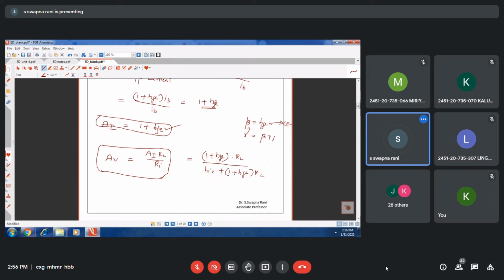So here in this equation, if you compare the HIE value with the term 1 plus HFE into RL, HIE is going to be very, very small compared with 1 plus HFE into RL.